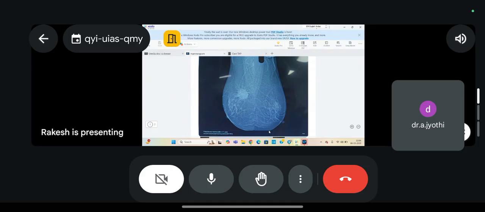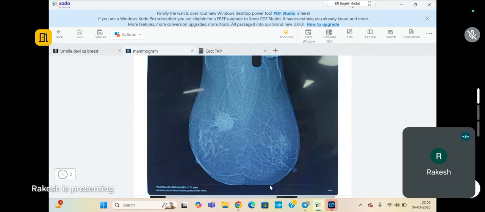MRI, if there is suspicion of brain mets, or if we want high risk screening. Tell me five indications for MRI. MRI is indicated in screening of high risk patients for carcinoma breast having familial mutations like BRCA.